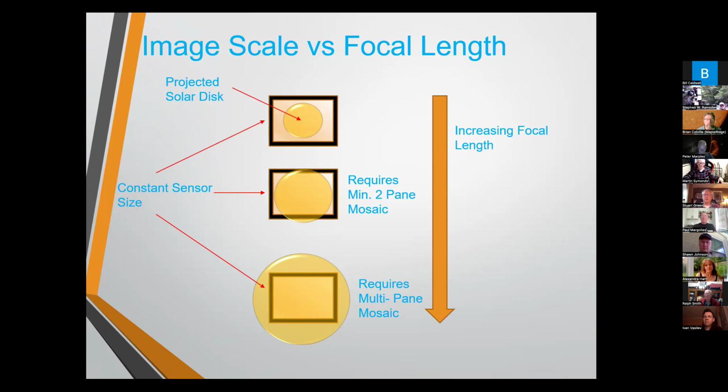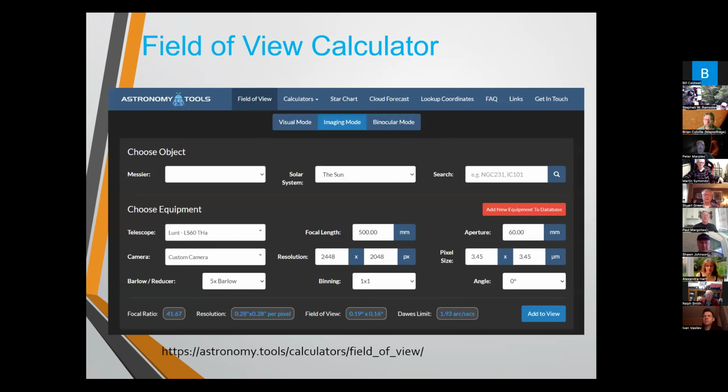It gives you an idea of the size of sensor that you need if you're going to try and get a full disk on that sensor. So again, you've got to match the aperture of the scope with the seeing conditions, the wavelength of light, and the focal length and the size of the sensor. All of these things have to come together for you to achieve what it is you're trying to achieve in terms of imaging.